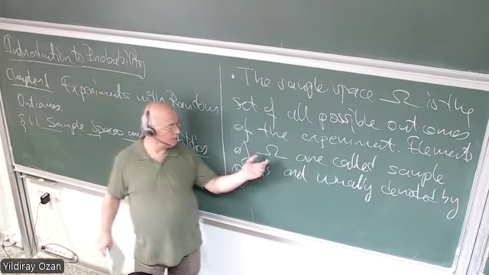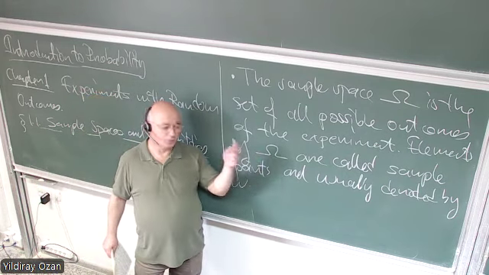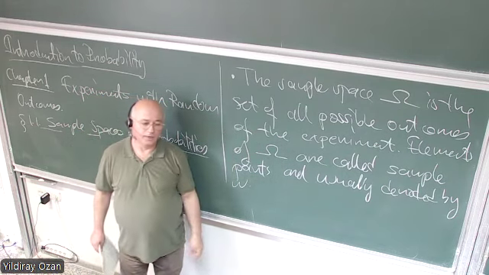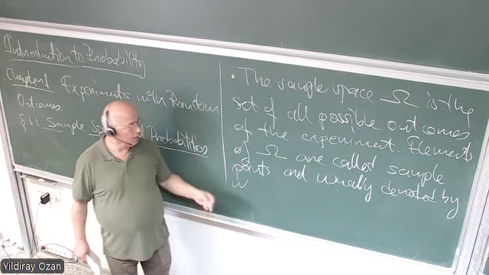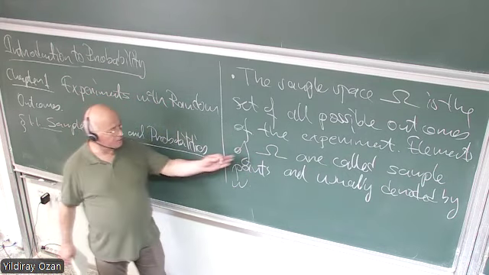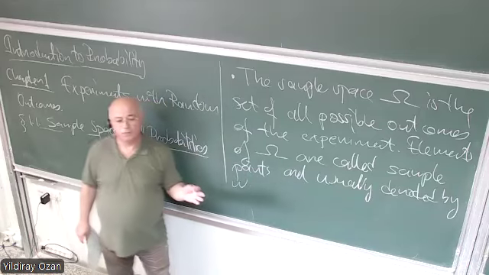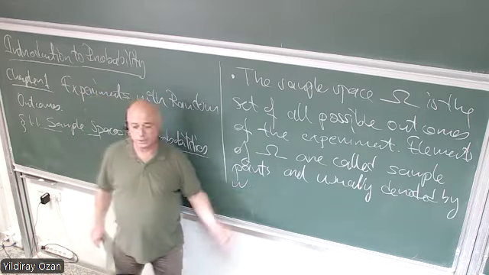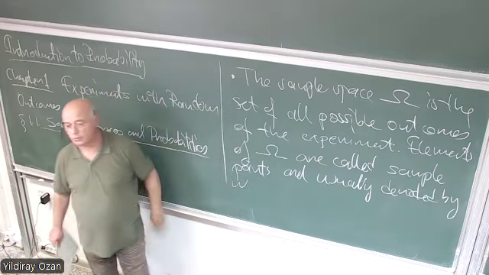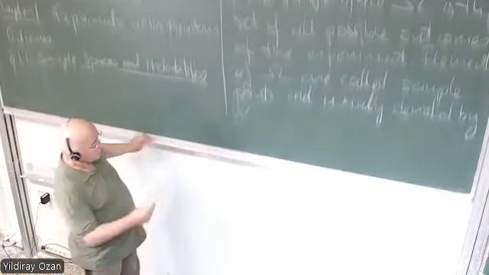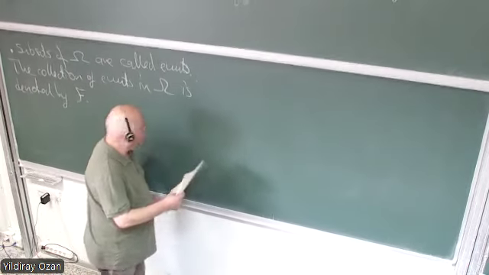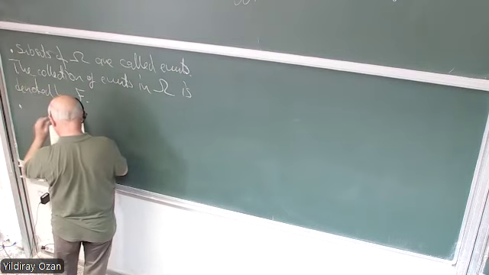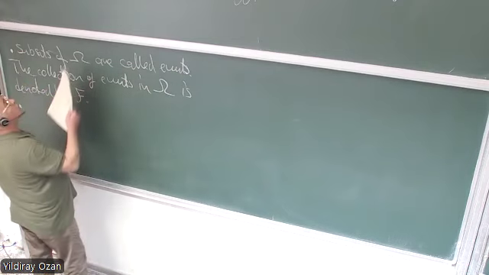So in this case, omega would have just two elements, tail or head, and subsets of this two element set will be the empty set, or one element subsets, or the whole set. So they are called events. I'll give several examples, but before I start listing examples, we have the definition of probability.